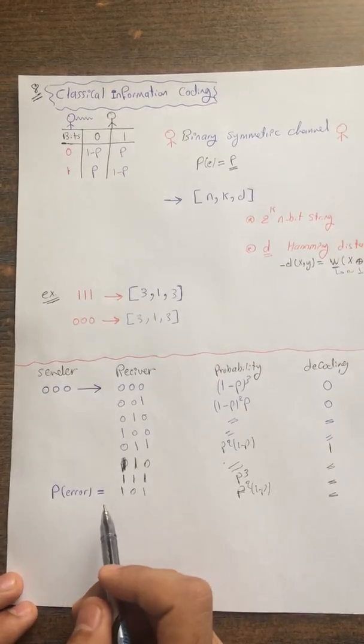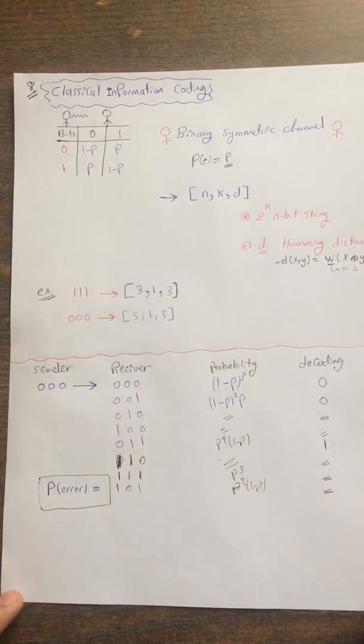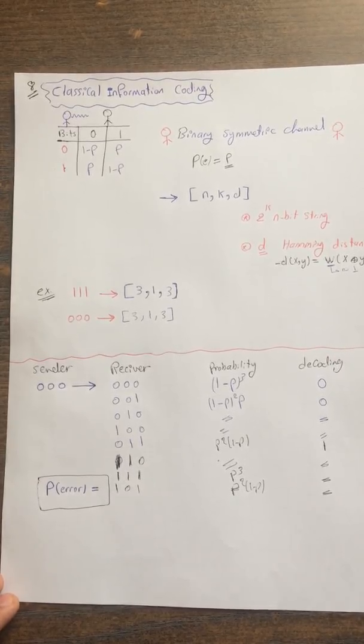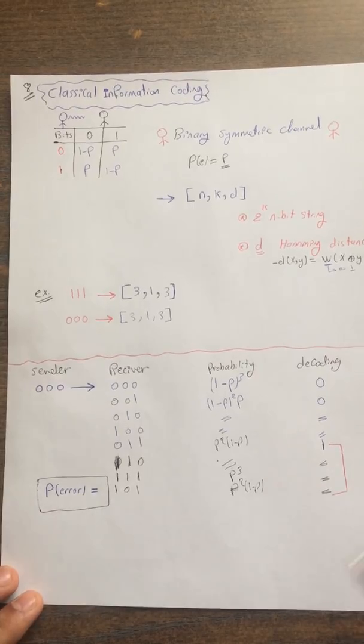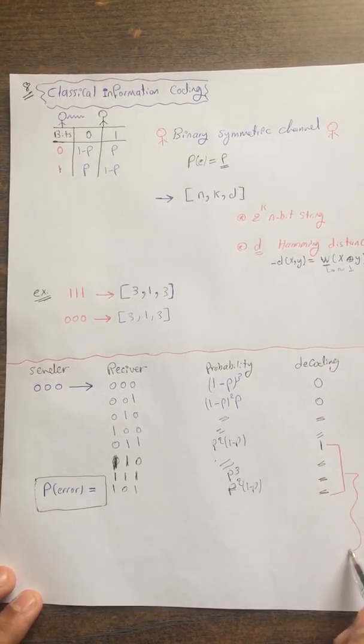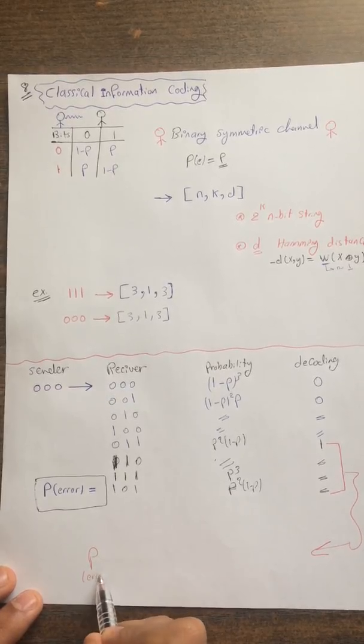If I would like to measure the probability of getting the error, before it was equal to P. But here I find that four cases decode to 1, and these correspond to errors.